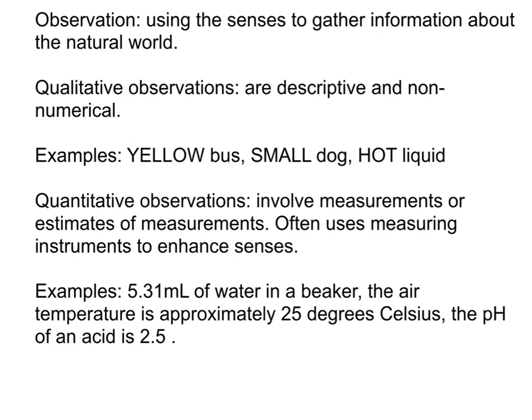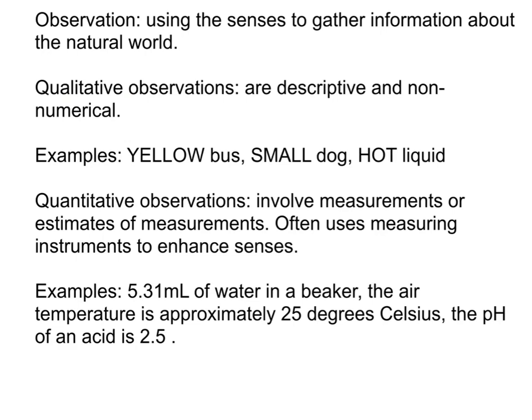Now quantitative, and you can tell from the root of the word, which is quantity, it involves a measurement or estimates of measurements. Estimates are considered a type of measurement, and they're often going to involve using some sort of instrument or tool to enhance our senses to allow us to make that measurement.